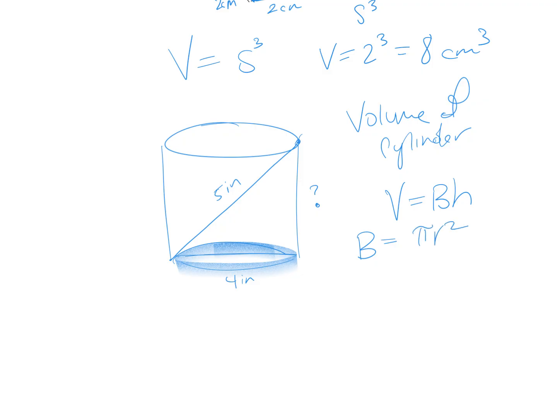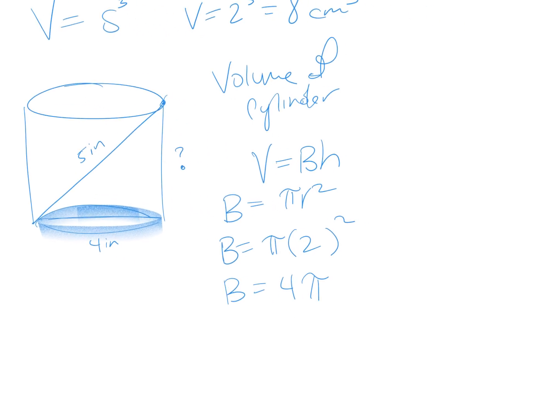Good. So now we do capital B equals pi, what's the radius? 2. So B equals 4 pi. So now we go back to the volume formula because that's what we really want. V equals capital B, which is 4 pi, times the height.